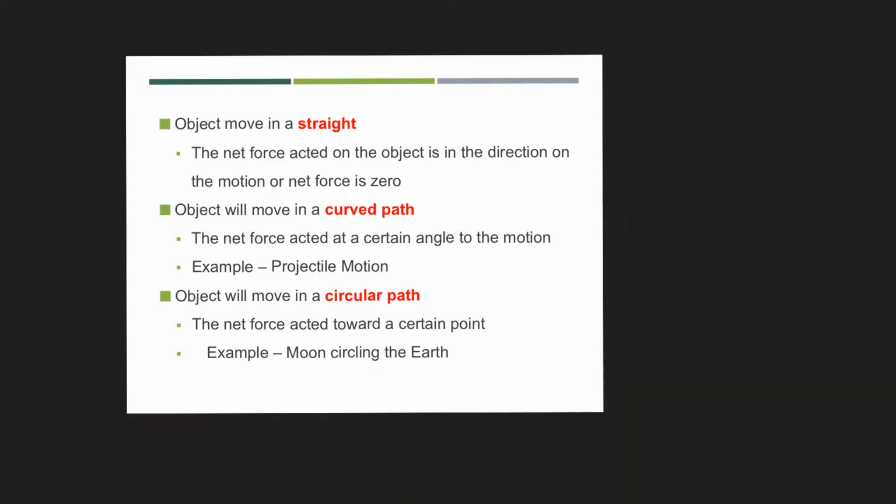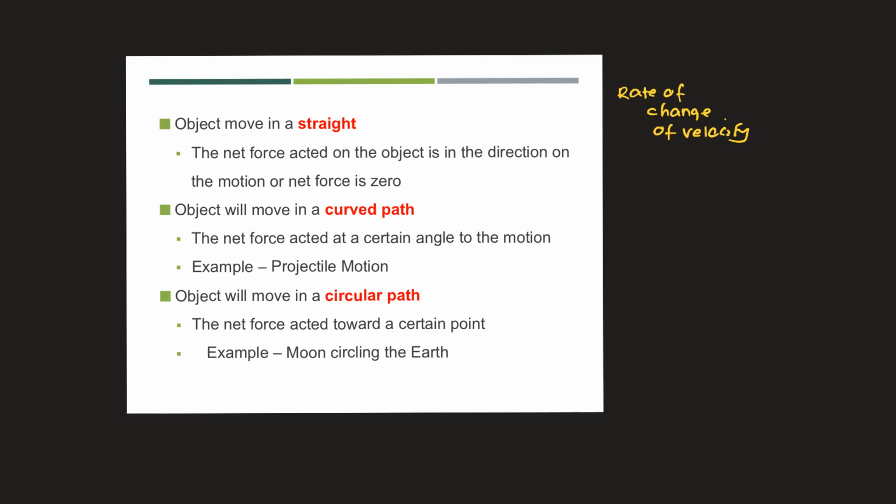So basically when it comes to accelerations, we know that the acceleration comes from the rate of change of velocity, which means that if we have a change in terms of magnitude of velocity, then you are going to have an acceleration.